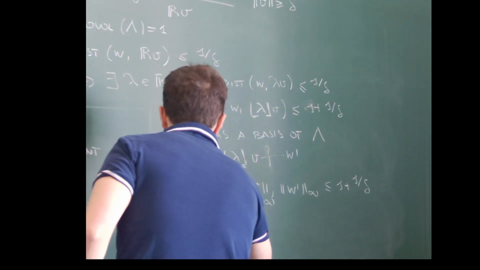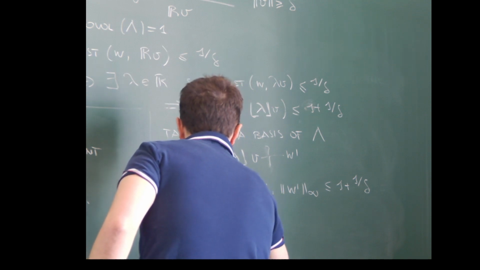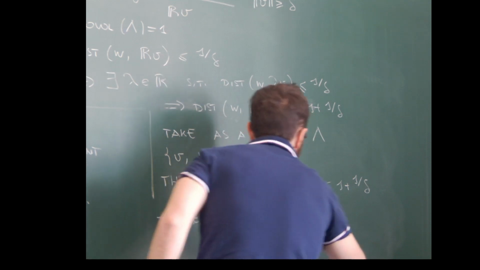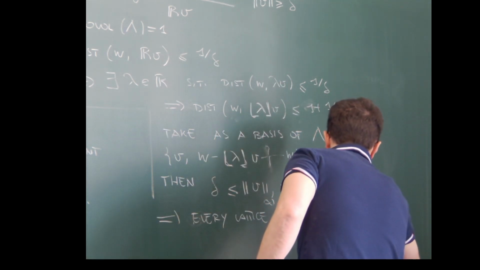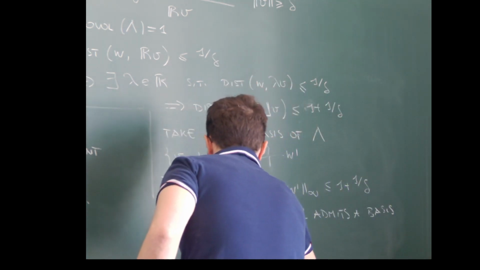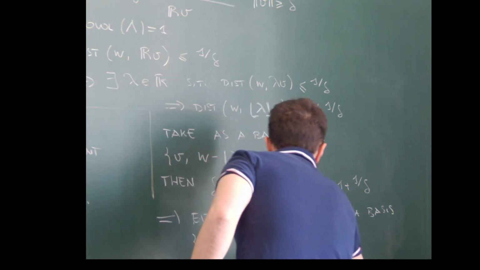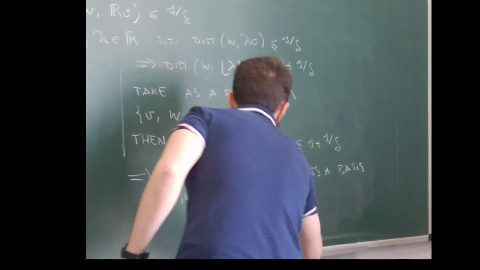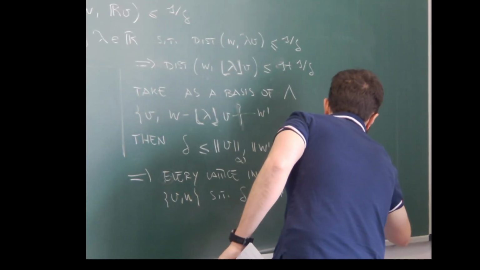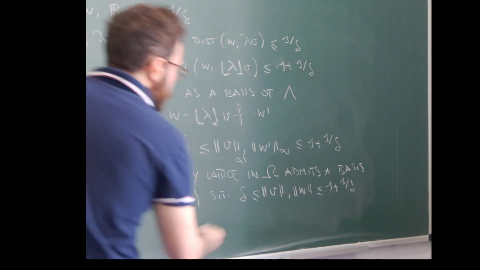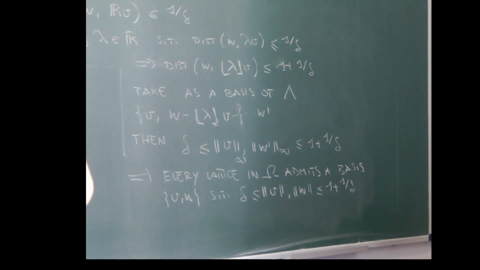Okay? So this means that every lattice in omega admits a basis V, W such that the length of V and the length of W are between delta and 1 plus 1 over delta. Okay? And so this means that your lattices all have bases that are stuck in some big annulus.